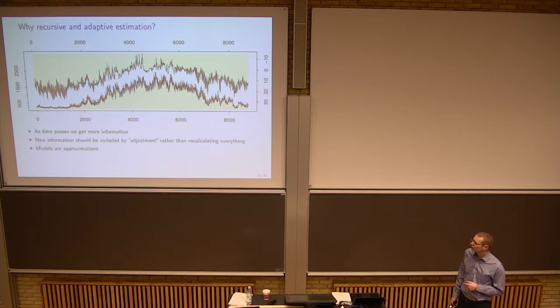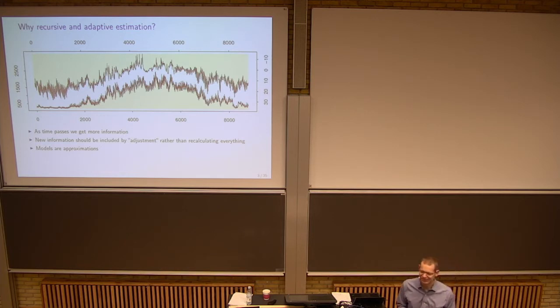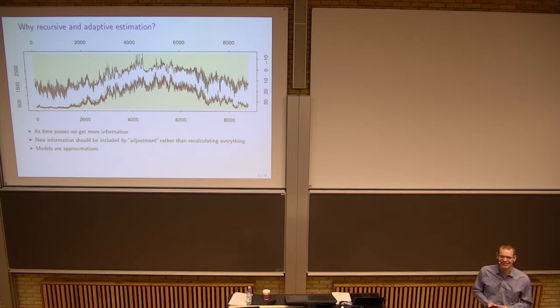And, well, what should we do? First of all, whenever we get a new observation, we should not recalculate everything. When did I say that the first time? How many weeks ago? Roughly a number between 0 and 12. I think I said it the first time during the third lecture.